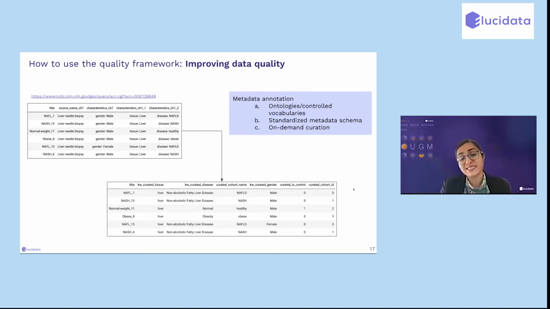So we standardize the schema to make sure that tissue is always captured in a field that reflects that it's tissue data. Disease is always mentioned in a field that reflects that it's disease. And we do some on-demand curation so that these files are machine readable and so on. And my colleague Shashank is going to talk in a lot more depth about what we do here, how we do this curation, and how we do this curation at scale.